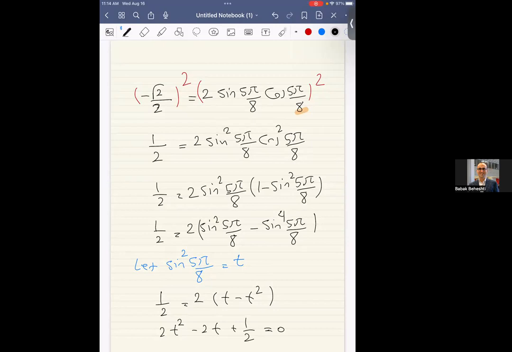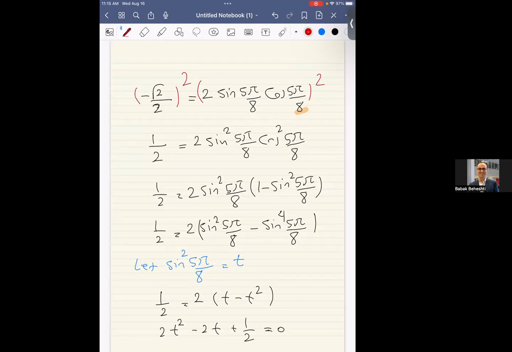What do you think? Sine of 5 pi over 8, is it positive or negative? 5 pi over 8 is located in the second quadrant, right?